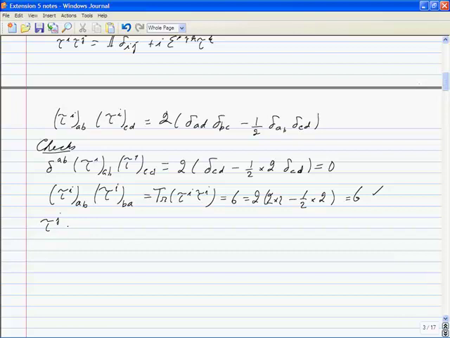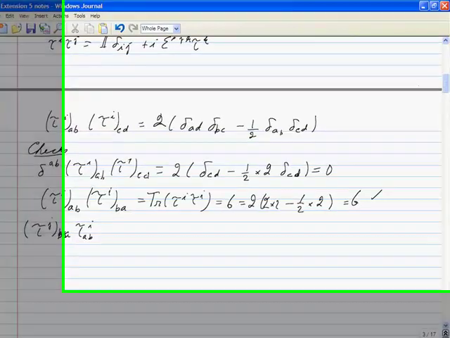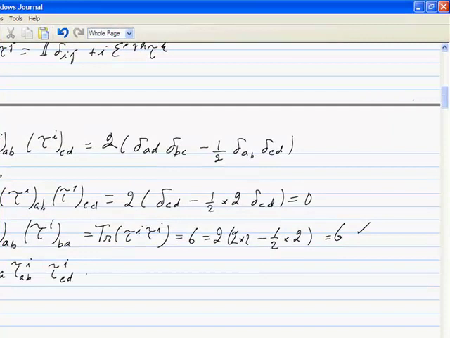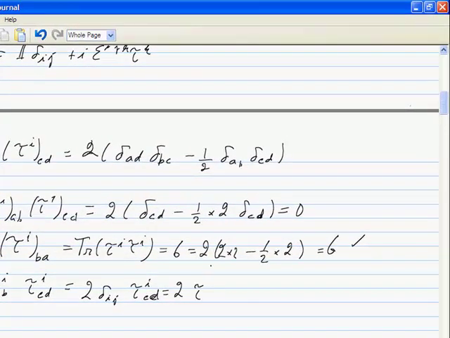Tau j BA tau i AB tau i CD: that first one is 2 delta ij tau i CD, so this should equal 2 tau j CD.